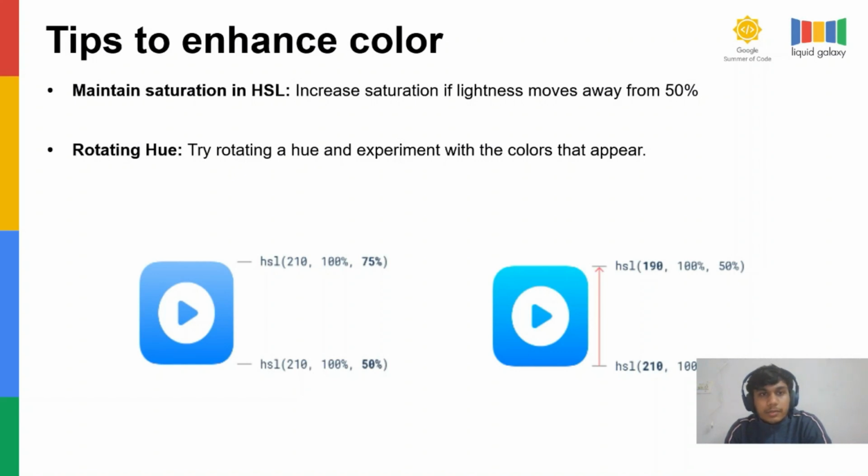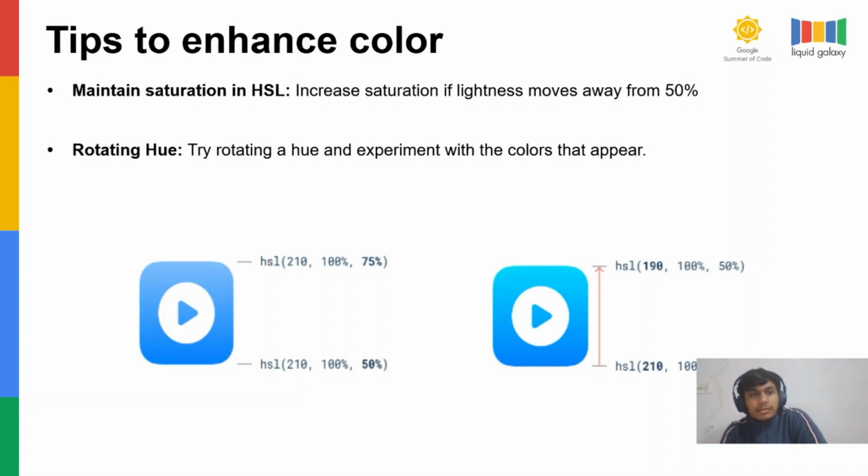When you are trying to play with your lightness and move it away, then try to increase your saturation, because if you greatly decrease the saturation, it changes the whole color in a nutshell. So you may experiment with it yourself.